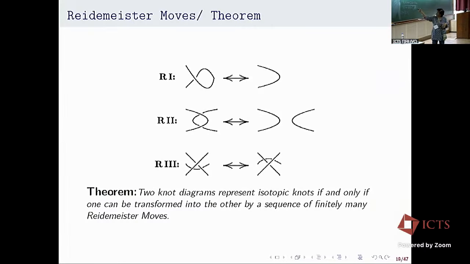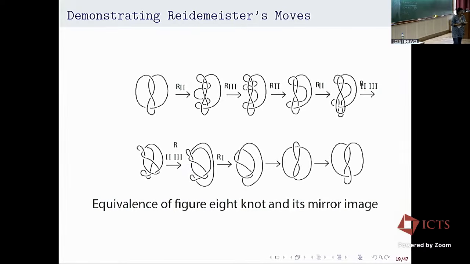It's an if and only if statement, so that one diagram can be transformed to another by a sequence of finitely many diagram moves. You may not be able to transform one diagram to another by just one move. You may require several moves, and sometimes it is not visible. You can see a diagram and you may not see that you can actually transform it.